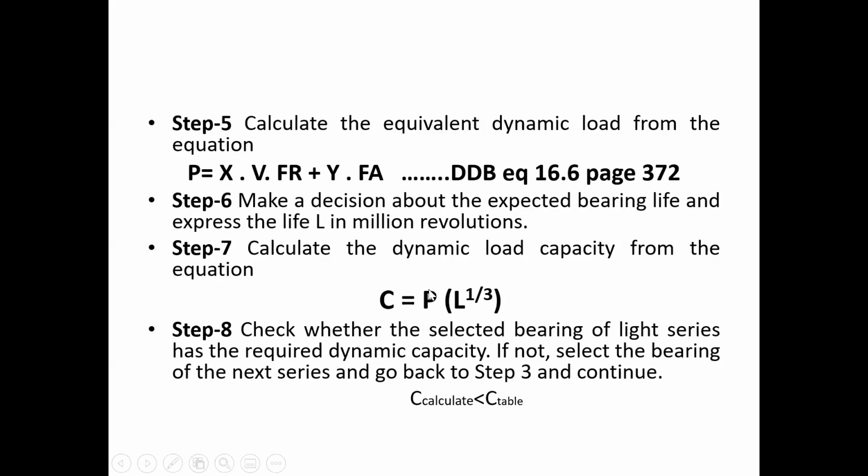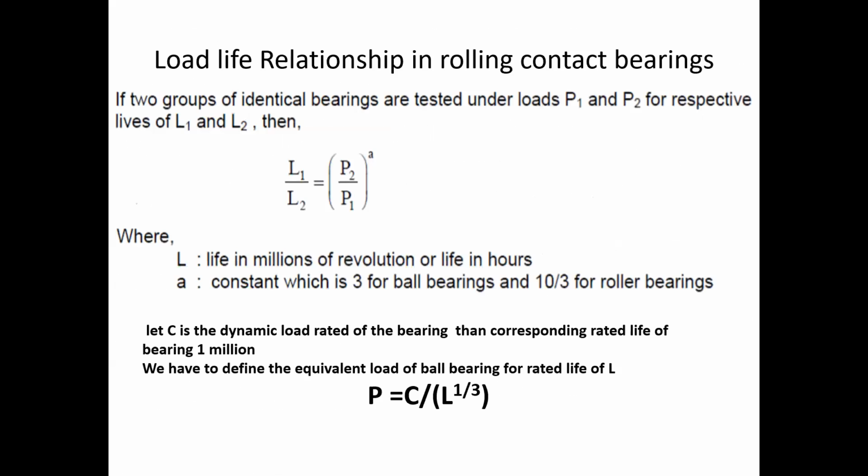So for the dynamic load condition corresponding to 1 million revolutions, we will use the load-life relationship, that is L1 upon L2 is equal to P2 by P1 to the power A, and we have selected the ball bearing, so the A value will be equal to 3.